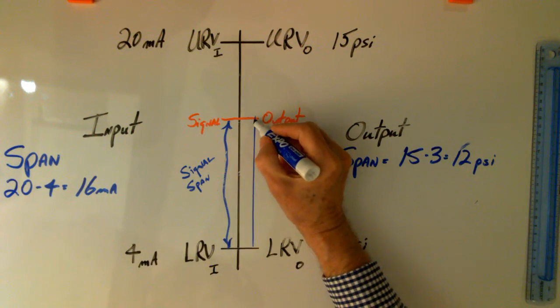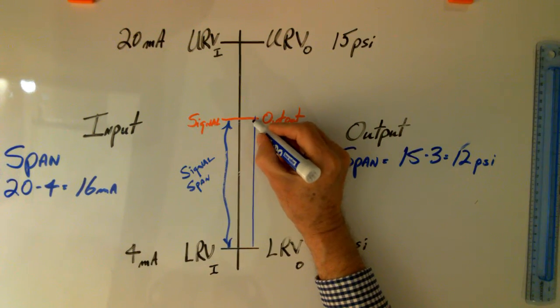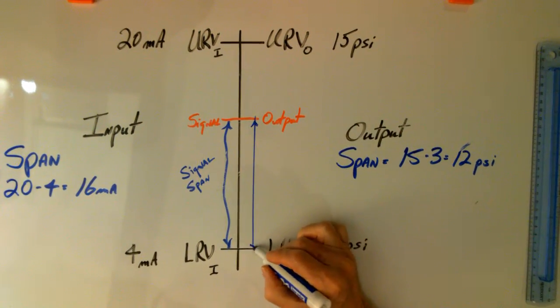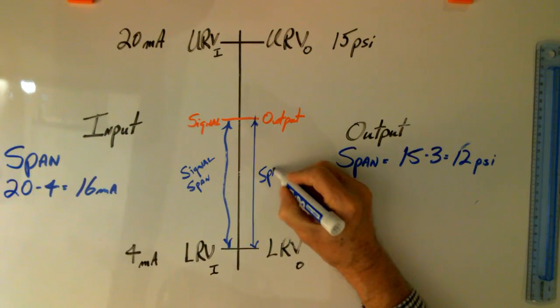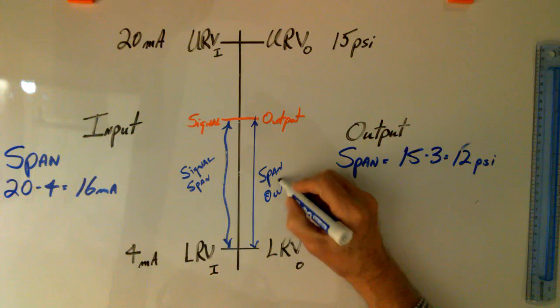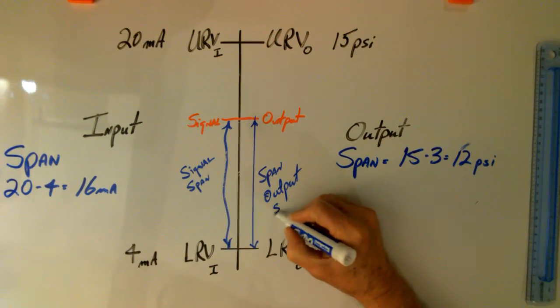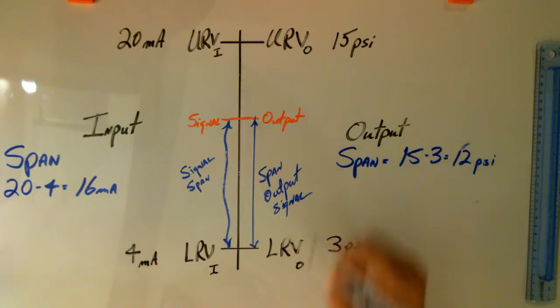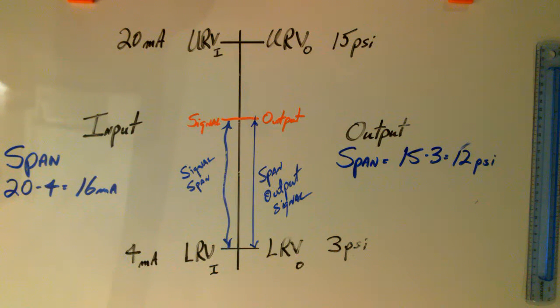Okay, so notice how neat the output is compared to the input. This is the span of the output signal. Okay. So there you have it. Now then, let's see if I can do this work on this board and still have it neat.